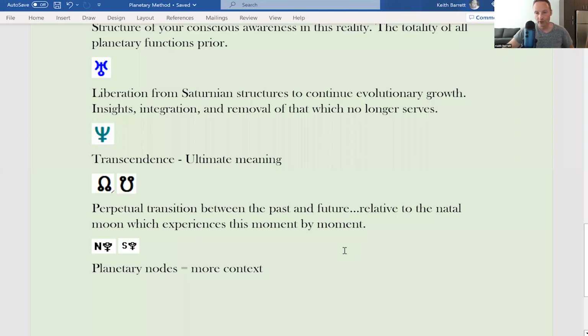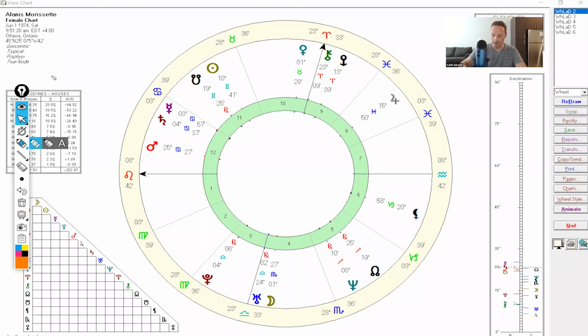And we go to the nodes of the moon. So this is the daily lived experience between your past and your present, right? And so there's the polarity here, which then gets integrated through the moon. And so let's take a look at those symbols in her chart. And so we look for the south node and the north node.